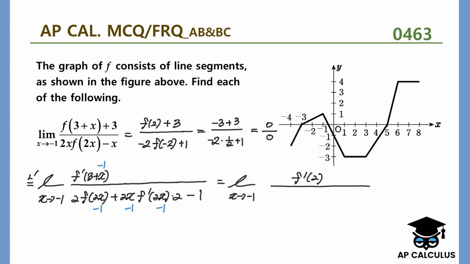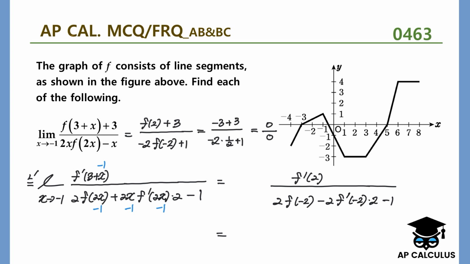Over, we have 2 times f of negative 2, the 2 times negative 1, that's minus 2 f prime of 2 times negative 1, times 2, minus 1, right? Since we substituted negative 1 for x, we don't have to write this limit, right? So let's erase this limit. And let's find the value of this.